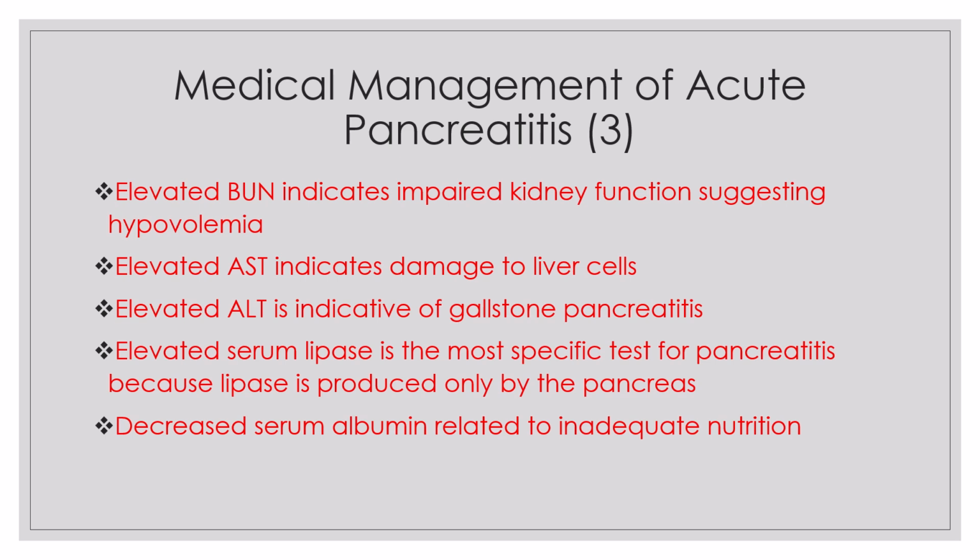Elevated serum lipase is the most specific test for pancreatitis because lipase is produced only by the pancreas. Decreased serum albumin will be related to inadequate nutrition, and I cannot say this enough. Once you see that albumin level and it is not within the norm, then you can assume that your patient is malnourished.